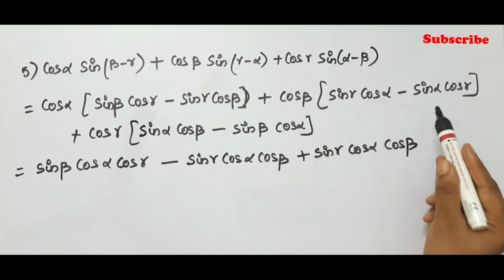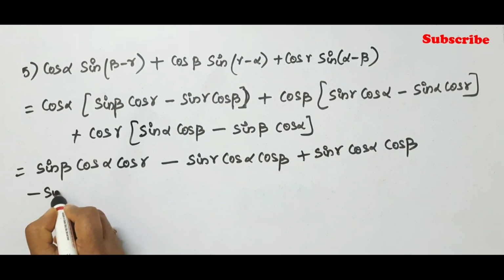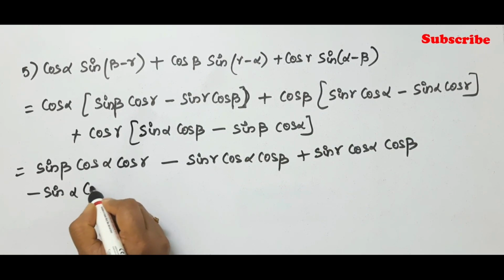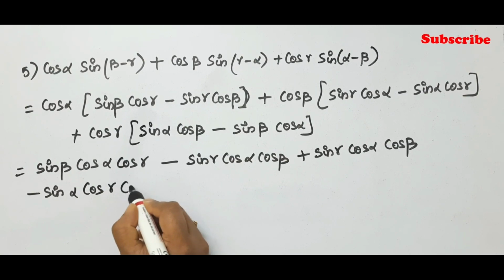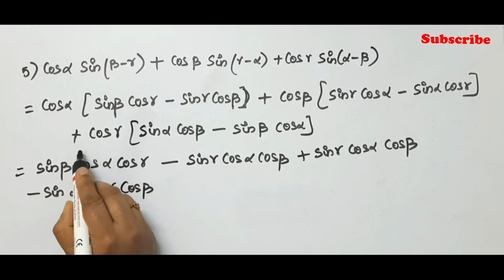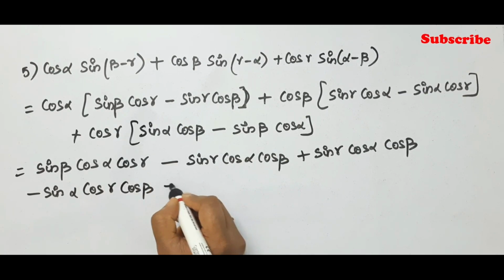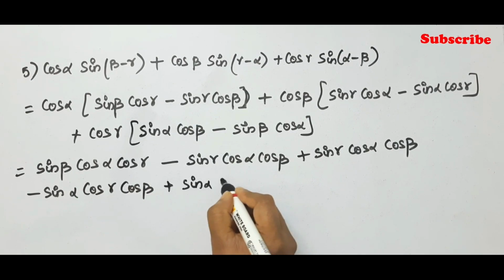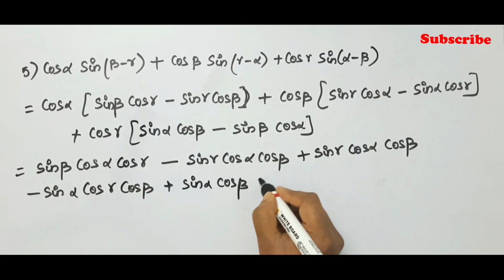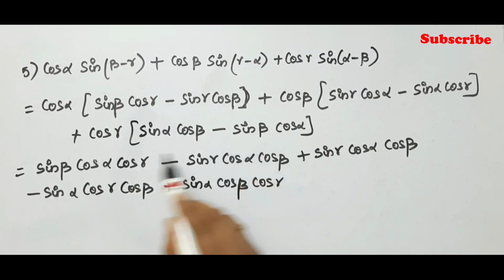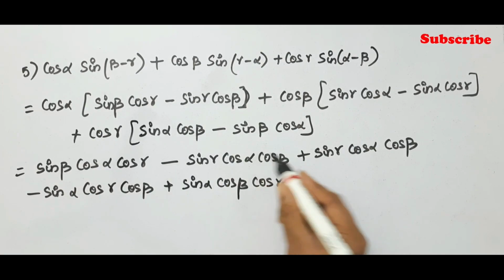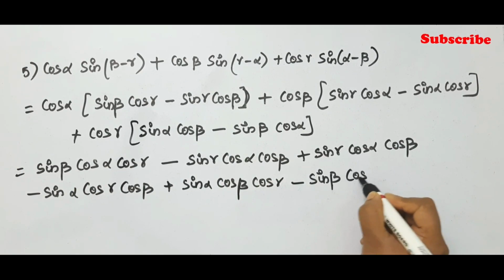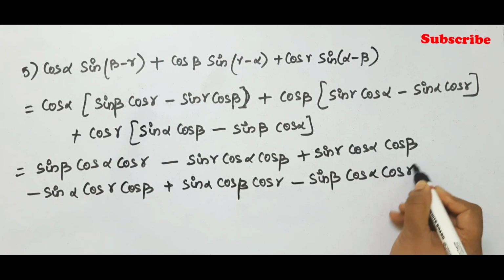Next, cos beta into this will be minus sine alpha cos gamma cos beta. Then cos gamma into this will be plus sine alpha cos beta cos gamma. Plus into minus will be minus, next will be sine beta cos alpha cos gamma.